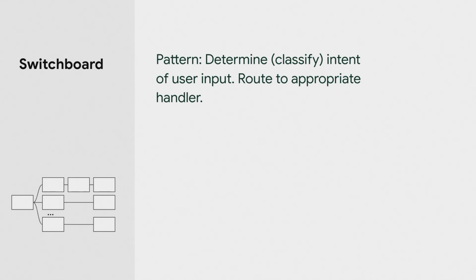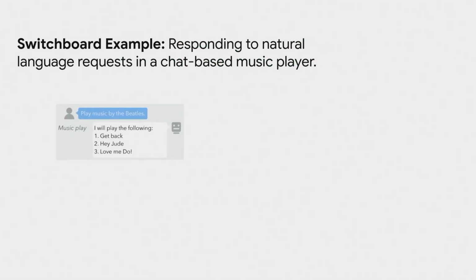For the switchboard example, say that I want to have a chat-based music player, where I want to allow the user to ask things like, play music by the Beatles. They should be able to type that into the chatbot. Or maybe it should be able to provide information, like, who are some country artists? Here, I'm not asking it to go and play something, I'm asking it to get information.